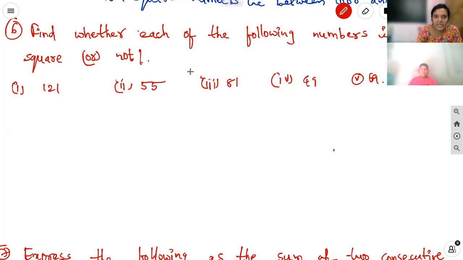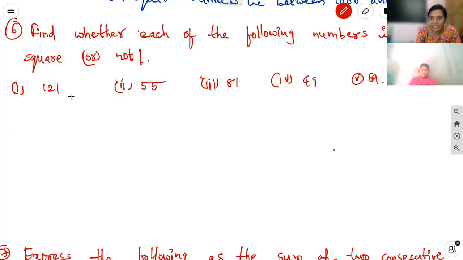Sixth question: find whether each of the following numbers is a perfect square or not. If the numbers are odd, take 121. We know that 121 is the 11th square.